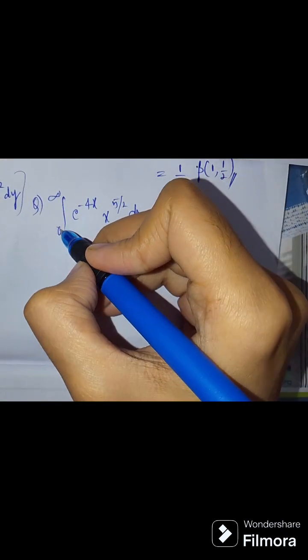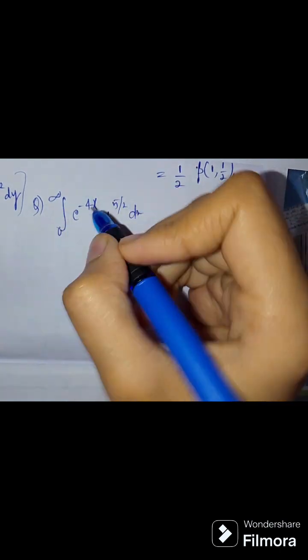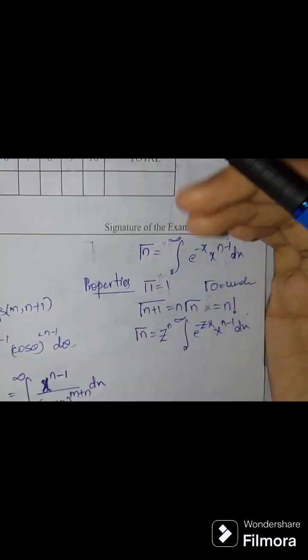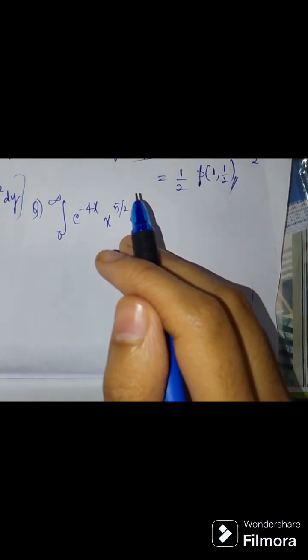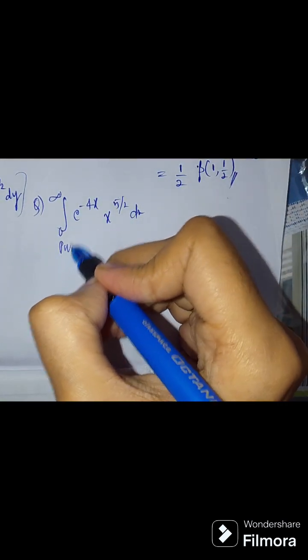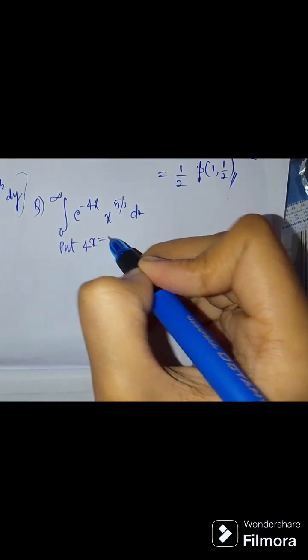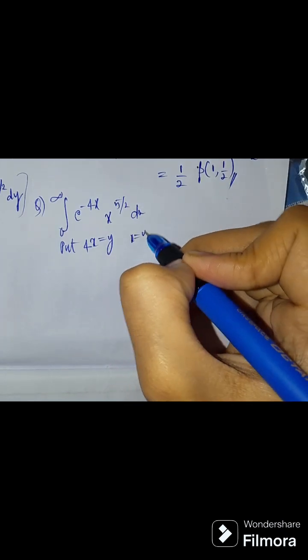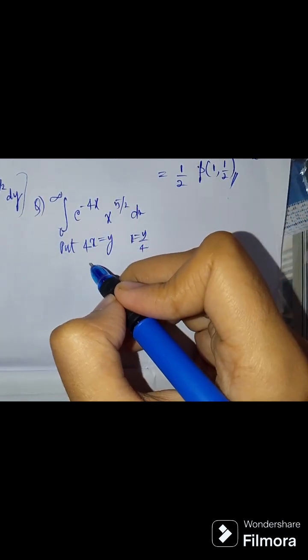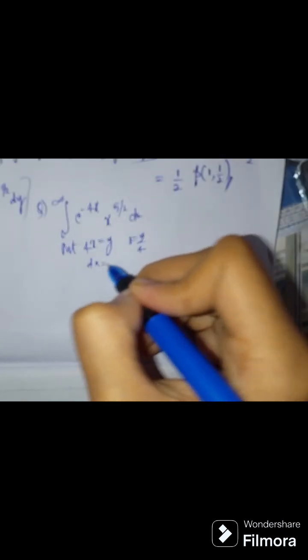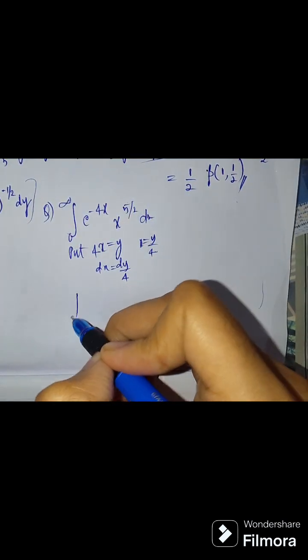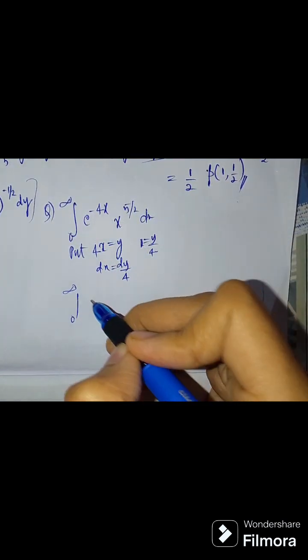As soon as I see limits, I can understand this is a gamma question. And in gamma, I want e power minus x. But here what is there? Minus 4x is there. So what I'll put? 4x is y. X is y by 4. Then I'll get dx as dy by 4. Limits will not change. Check, limit won't change. So we'll write 0 to infinity e power minus y.